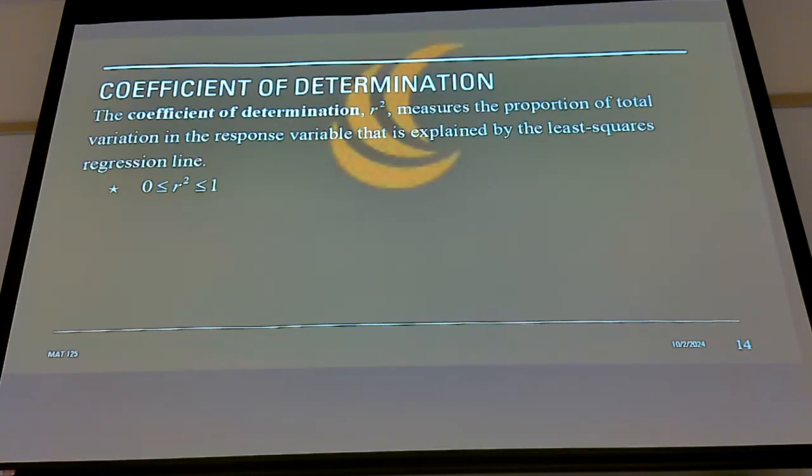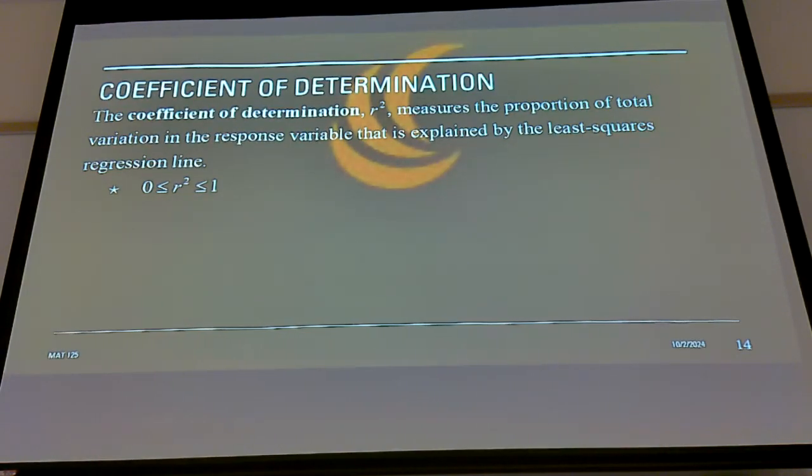So again, if you get an R squared that is not in there, generally speaking, for things like R and R squared, I don't give partial credit if they're outside the known range.